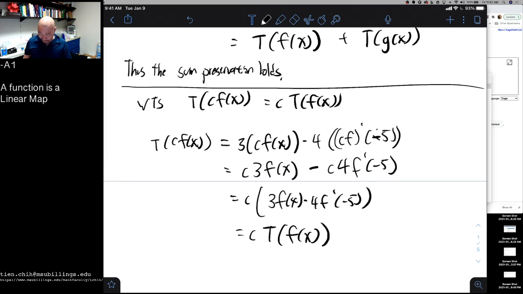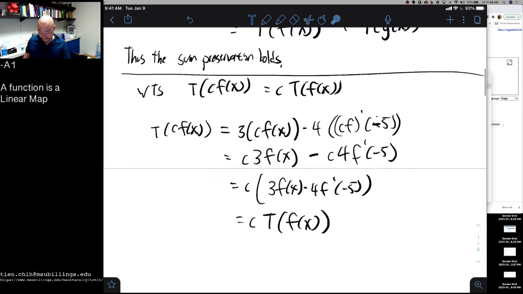But as before, once we reach this stage, we recognize that all we've done is written this as c times the transformation of f of x. So the transformation of a constant scalar times my vector is equal to that same constant times the transformation of my vector.